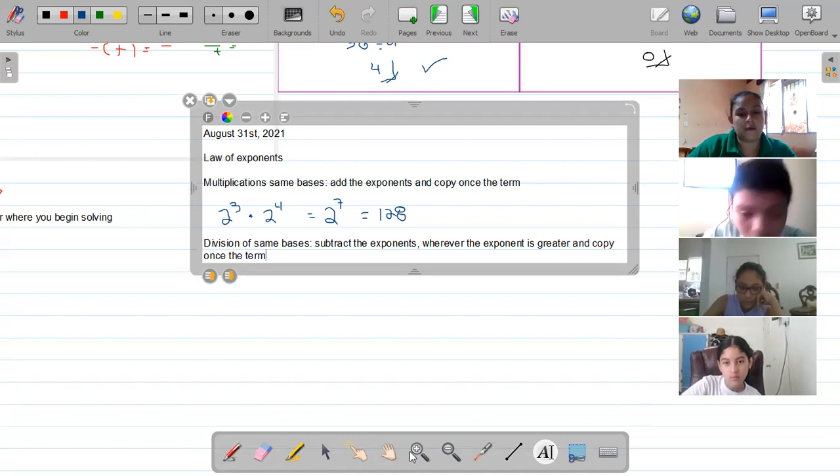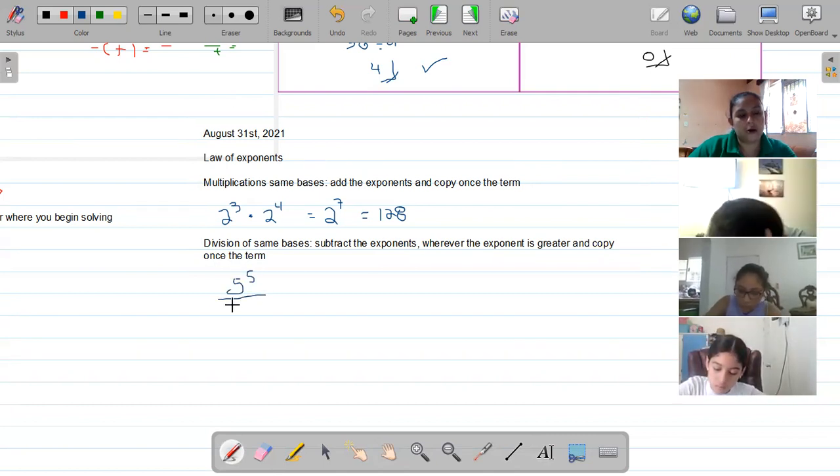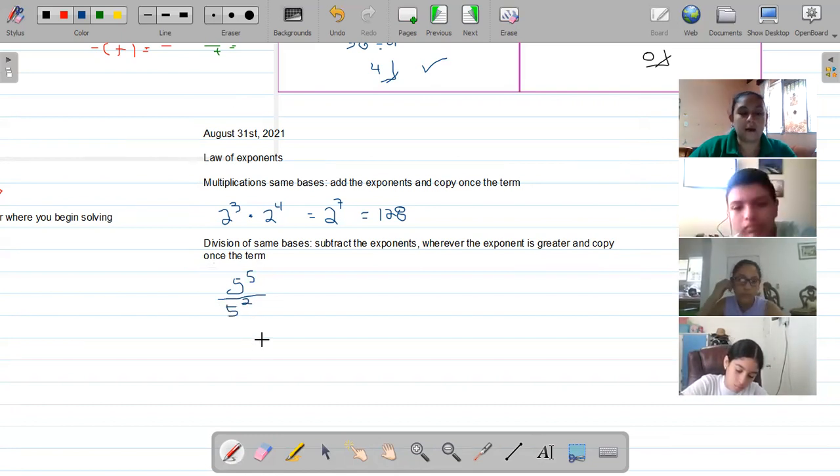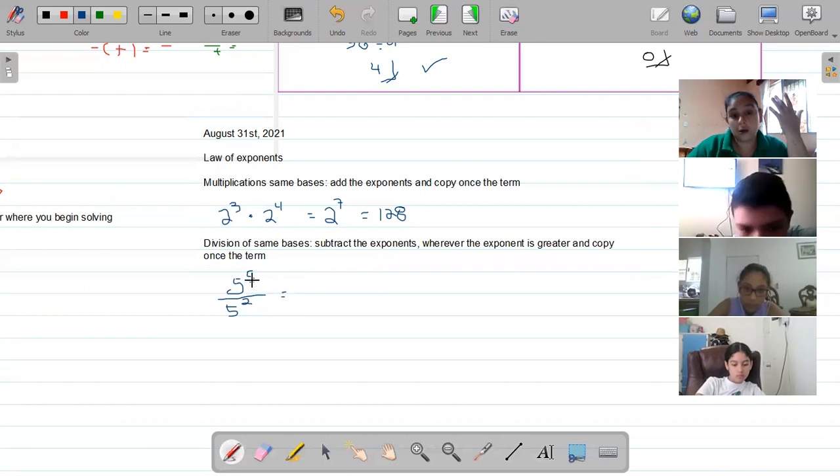Okay, so an example for that is, let's say, 5 to the 5th power over 5 to the square. So I got 5 to the 5th power and 5 to the square. I'm going to subtract wherever my exponent is greater. Where is it greater?